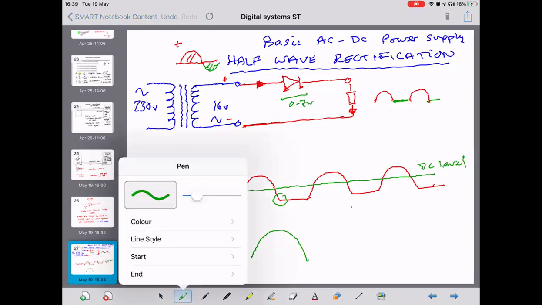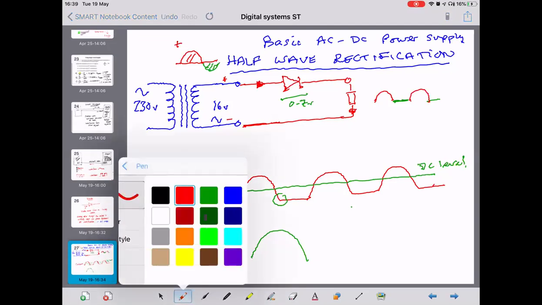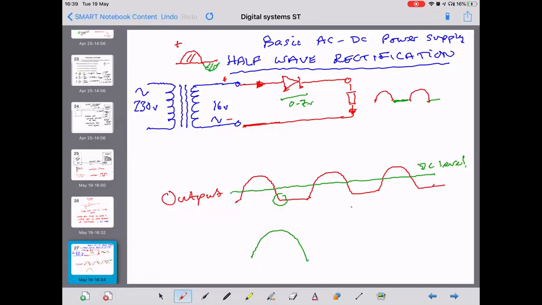So again, I have to change color to red. What we're actually getting with the DC is we're losing a little bit there as well, which is the 0.7 volts. We're jumping off there at 0.7 and coming on a bit late. So you're losing slightly more.